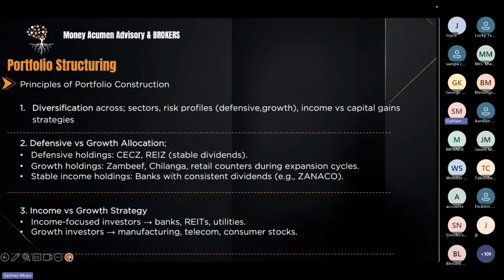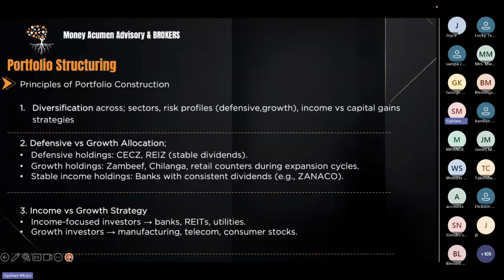Income investors focus on companies with a history of consistent dividends. Here we've mentioned banks. We know that, for instance, Zanaco has been consistent with dividends year on year. Growth investors target companies which are reinvesting for expansion or benefiting from industry tailwinds.